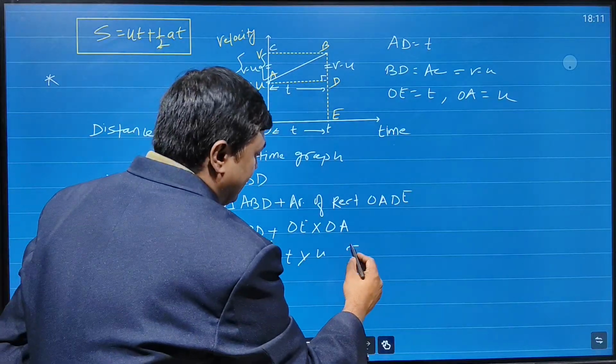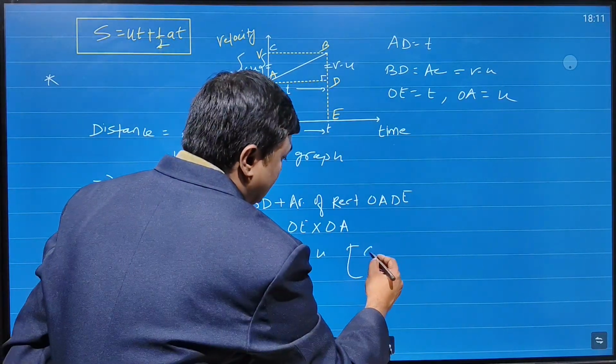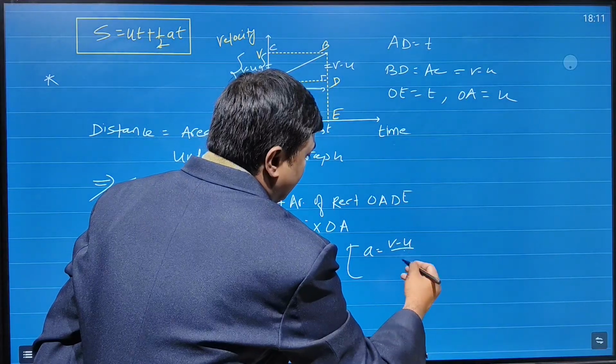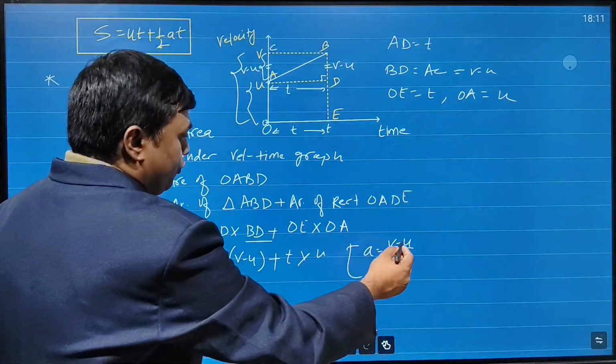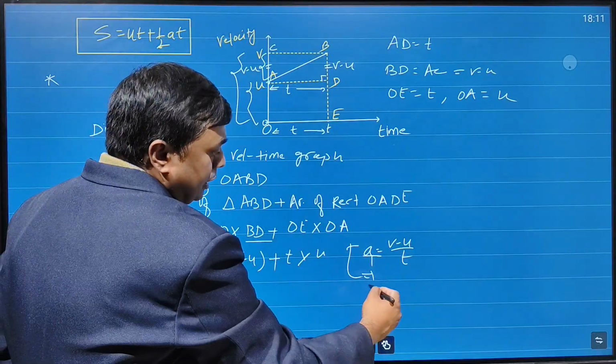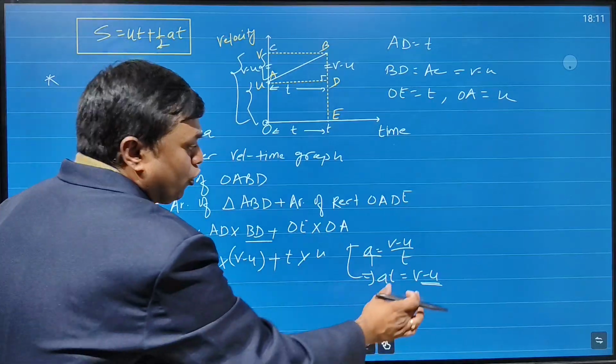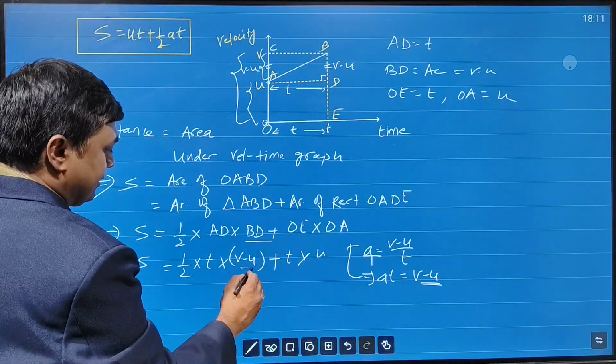Now we have just derived a is equal to v minus u by t. Yes or no? So from here can we write v minus u is equal to at, cross multiplying? Substitute the value of v minus u is equal to at here.